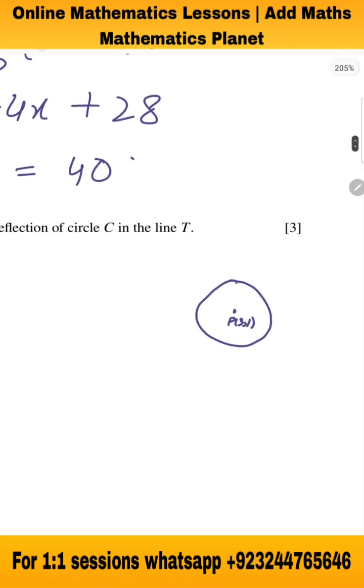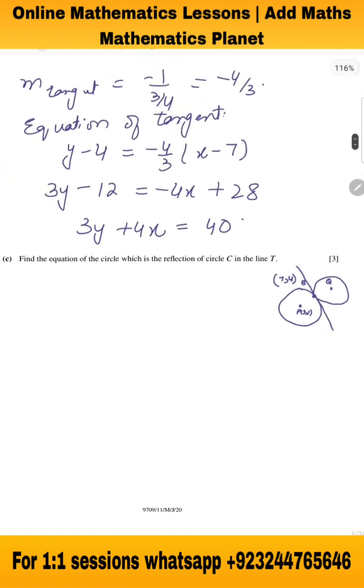So we have a line T that is the tangent to the circle, and we need to find the reflection of the circle. There is a point, maybe some Q, and point B was 7, 4. So this is the point P, the center of the circle, and this is the reflection of the circle.